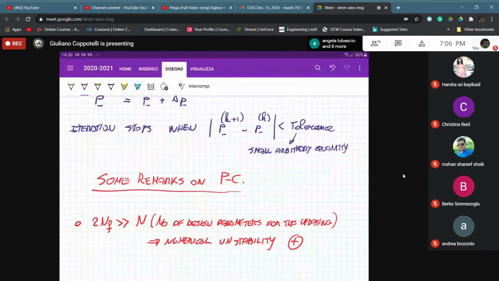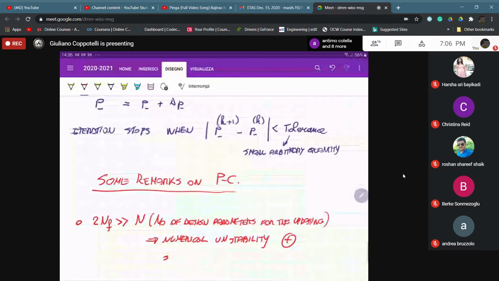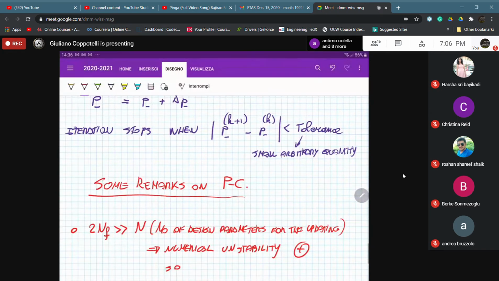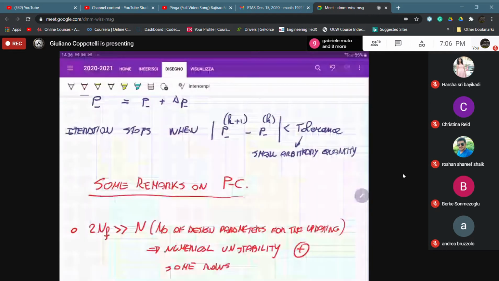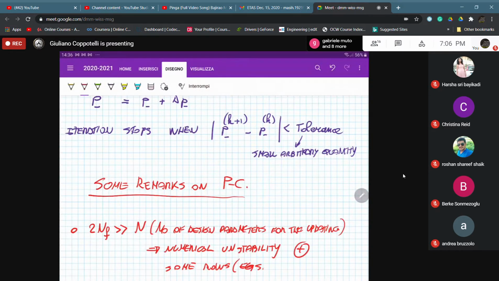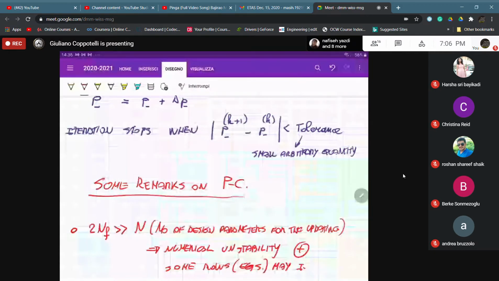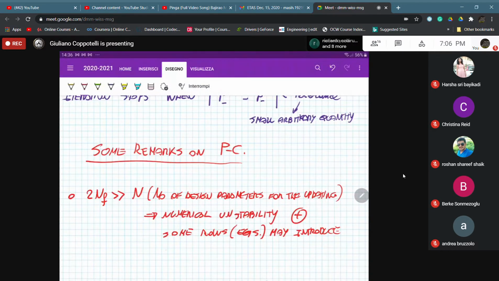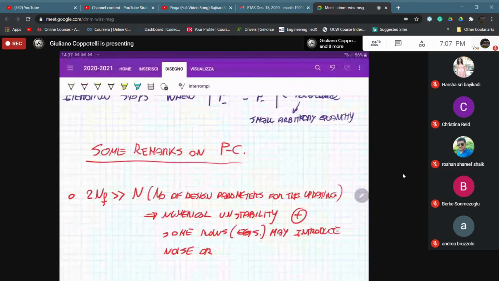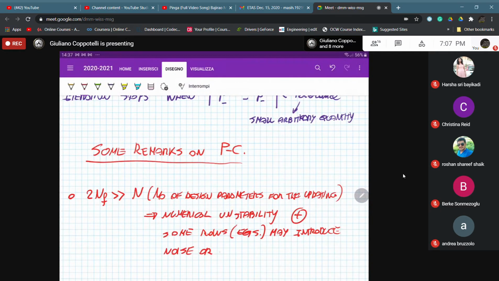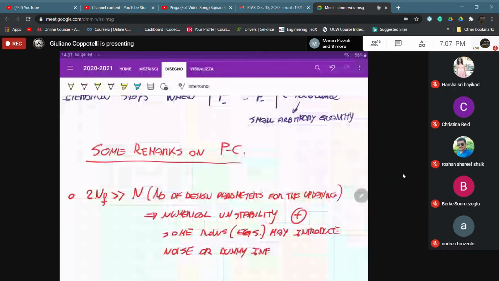Okay, some rows, if you want some equation, may introduce noise or dummy information that, however, contributes to the instability of your numerical approach.